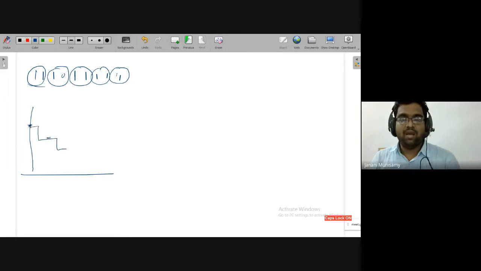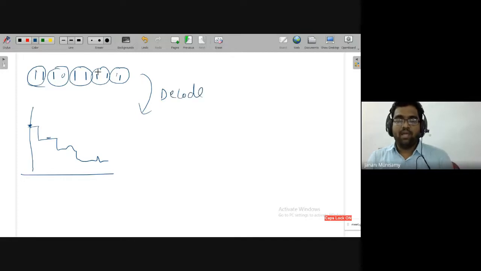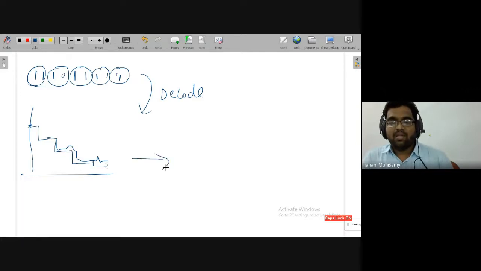Say I will get a diagram like this with help of the levels. Now we are at the receiver side. So first I have to decode this. From the bits at the receiver side, I have to form the digital signal. So now I will get in terms of levels.